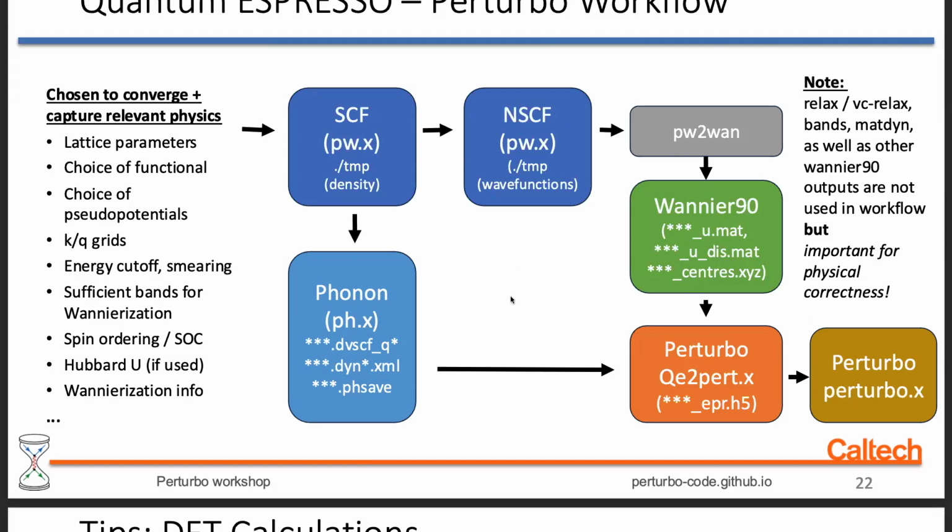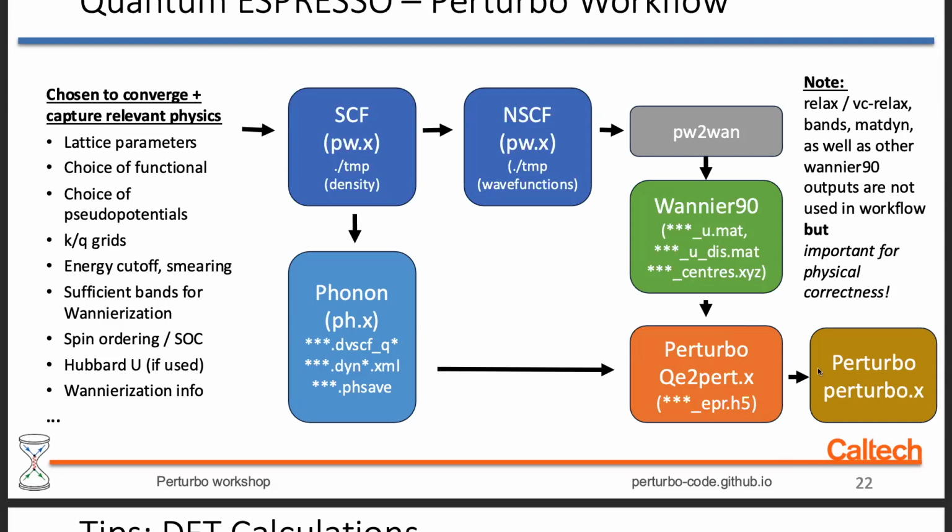And then the phonon, NSCF and Wannier outputs are used to create this very important file, the epr.h5 file, with qe2pert. And this file basically contains the real space g, so g of the electron and phonon coordinates that we discussed.